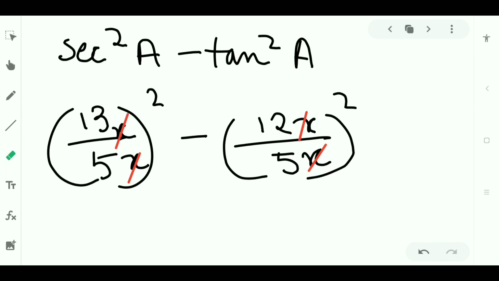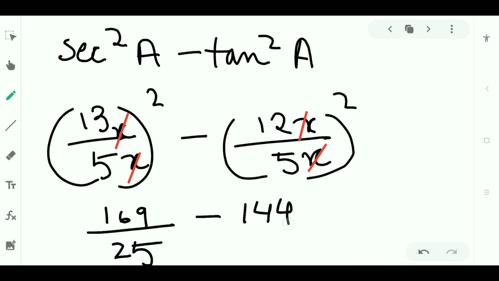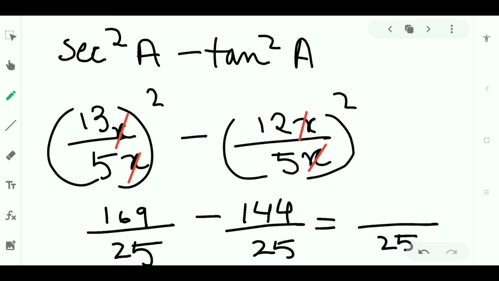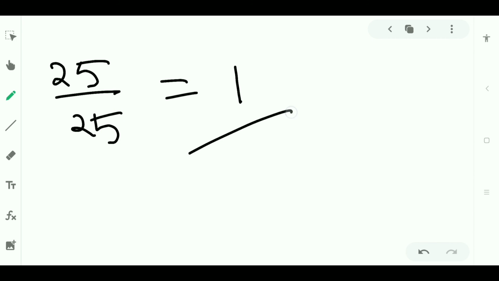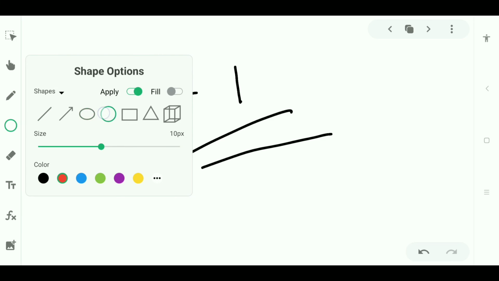Okay, now here we are getting 13 square, that is nothing but 169 by 5 square which is 25, minus 12 square 144 by 5 square 25. The LCM is nothing but 25, and 169 minus 144 is nothing but 25. So 25 by 25 is resulting in 1. The final answer is 1.